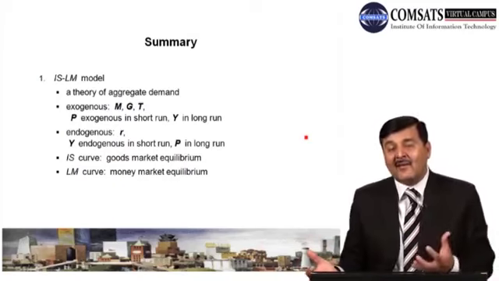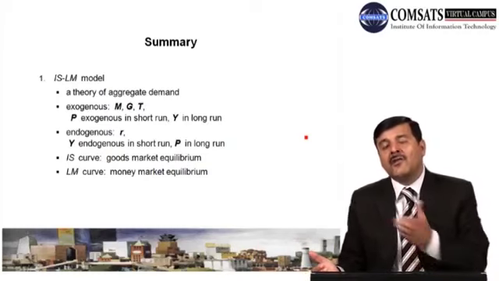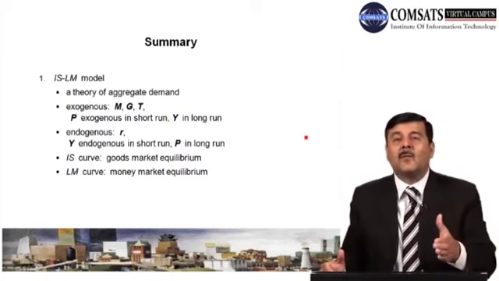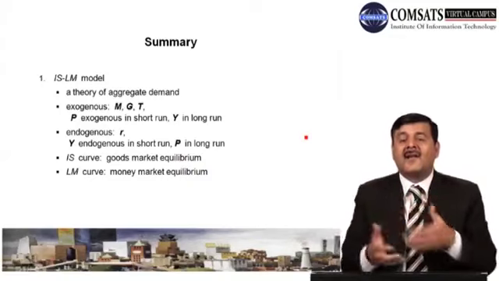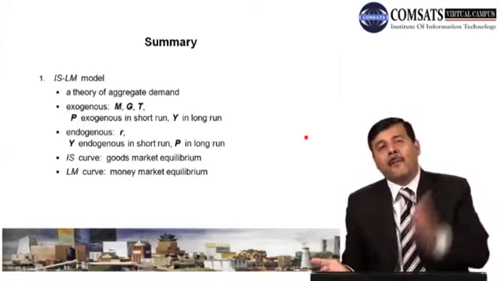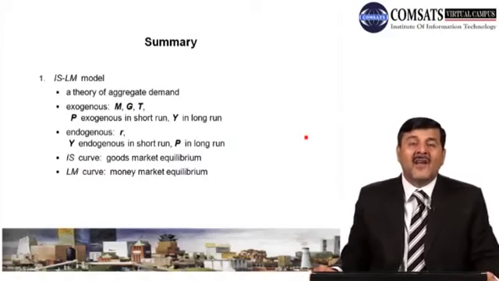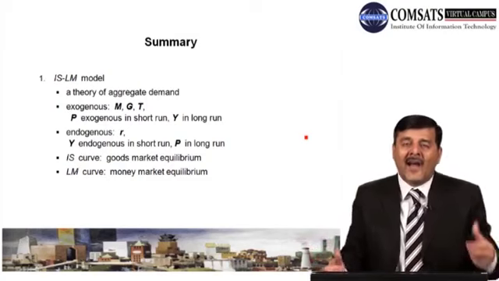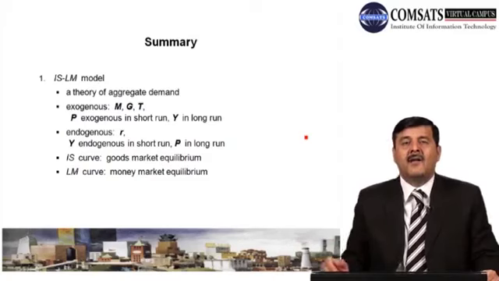So when prices are flexible in the long run, then economies move from short run to the long run. Suppose in the short run, if actual income is greater than Y bar or less than Y bar, prices start rising and going down, and then it works, and then the economy comes back to its natural level. So this is what we have learned by using together short run and long run with the help of the IS-LM model and aggregate demand.